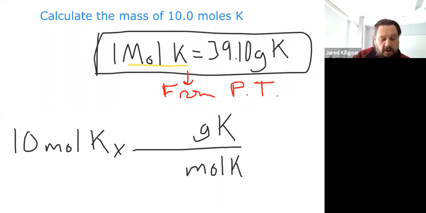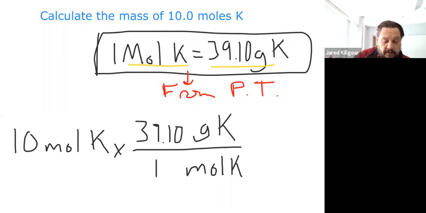And I know my ratio of moles of potassium to grams of potassium is 1 mole is equal to 39.10 grams. And so I get 10 times that would be 390.1 grams of potassium.